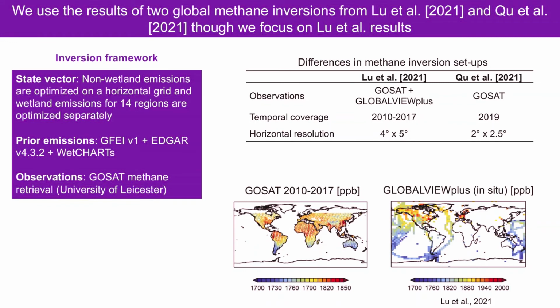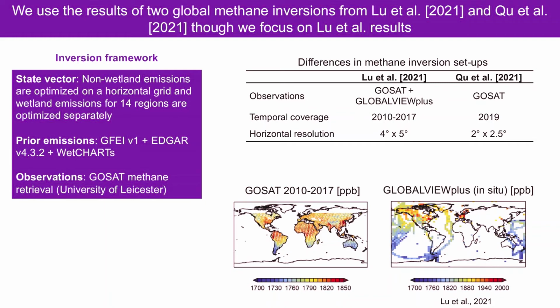Okay, so first, I just want to give a little background for those of you who are inverse modelers in the crowd and are interested in this. The two inversion results we use are from Xiao Liu and Zhen Xu. These were both global inversions using satellite observations of methane.